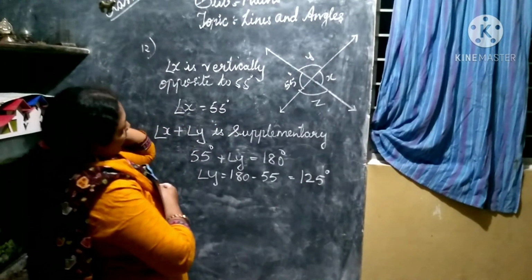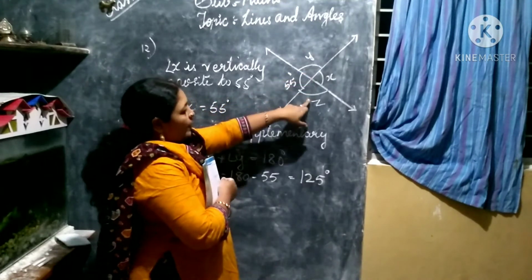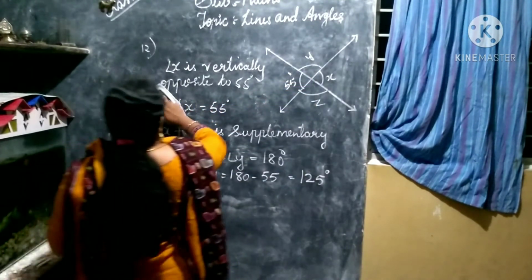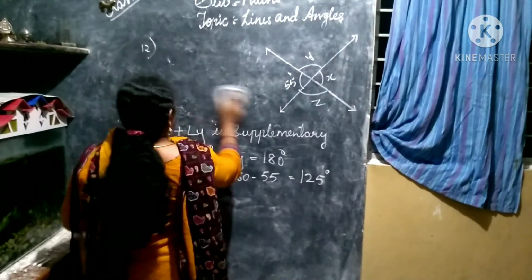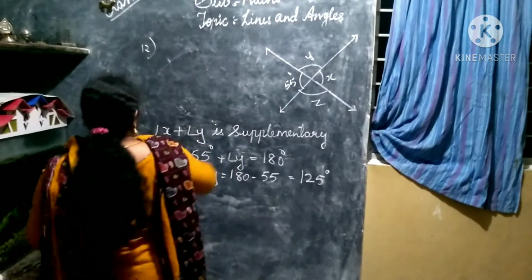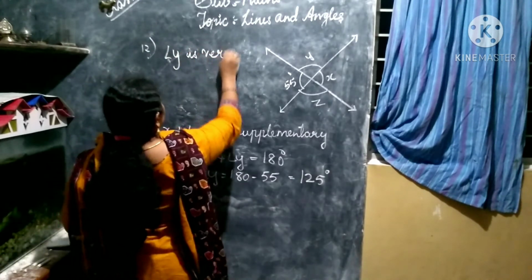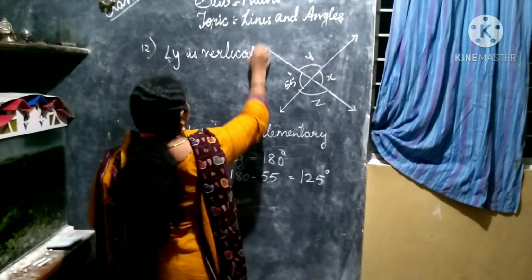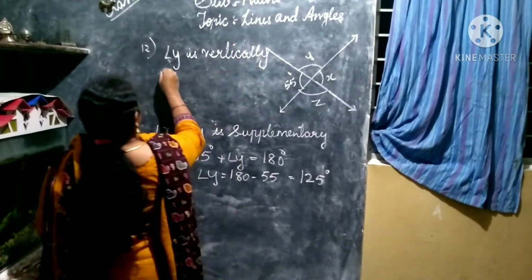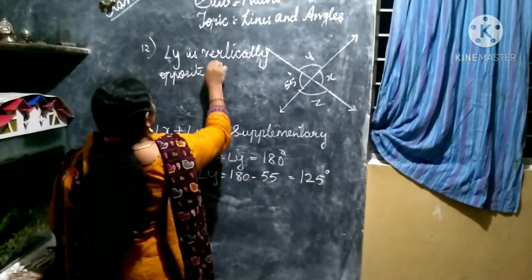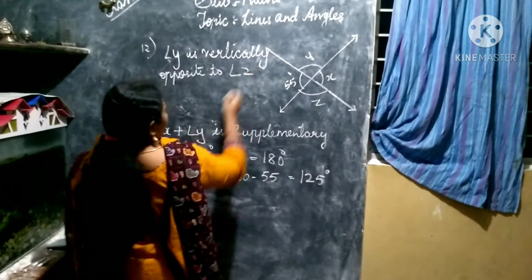If you look here, y is vertically opposite to z. Here angle y is vertically opposite to angle z.